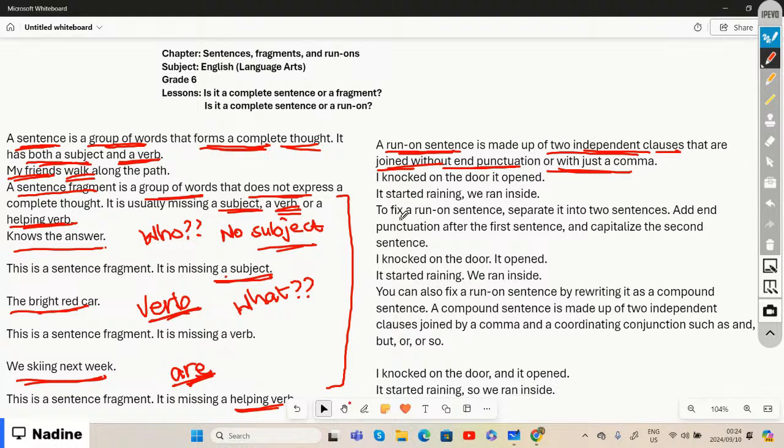Remember, we said a run-on sentence is made up of two independent clauses that are joined by either no end punctuation or just a comma.